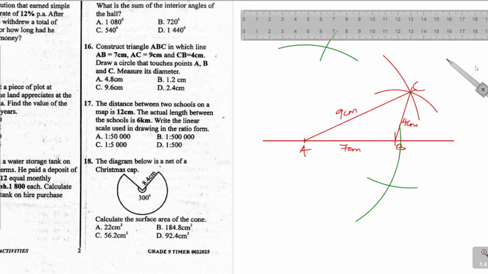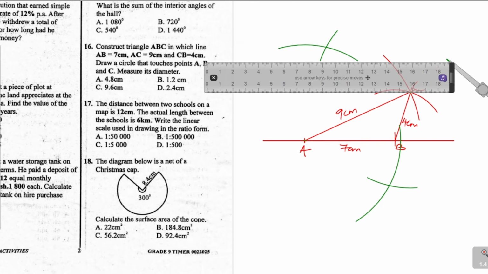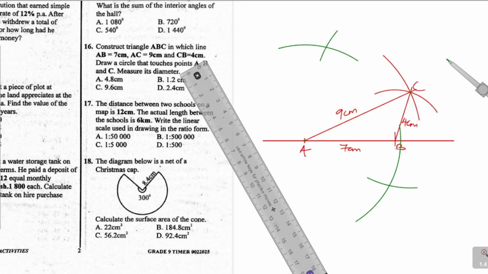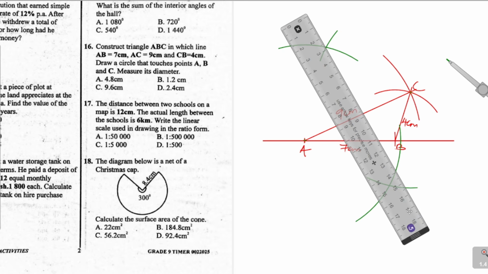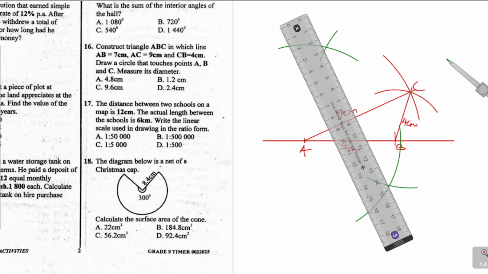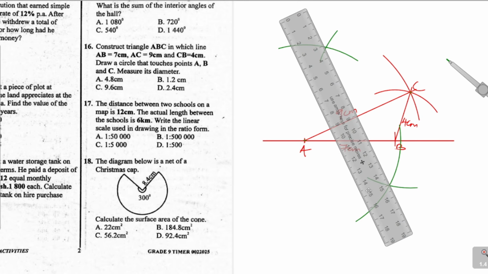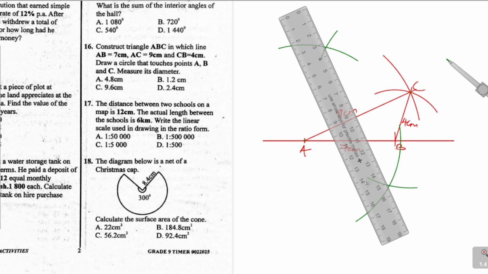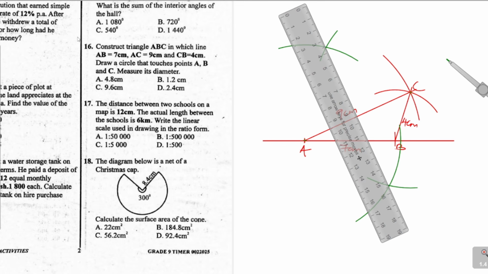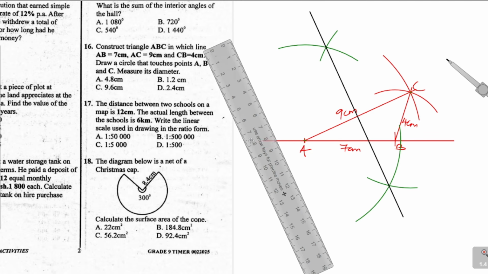Then join these 2 points of intersection of these arcs using a ruler, like that. That is the perpendicular bisector of AC.